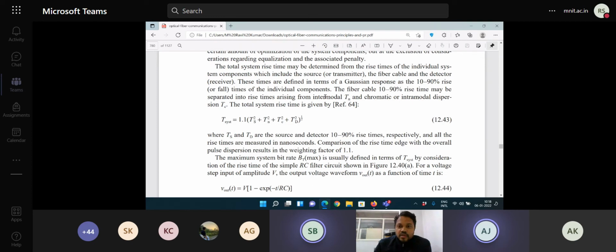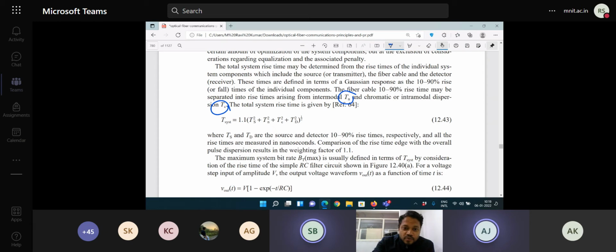Intermode refers to dispersion between two different modes, and this is what is present in multimode fibers, whereas this chromatic or intramodal dispersion is because of the group velocity dispersion, and this is given by Tc.